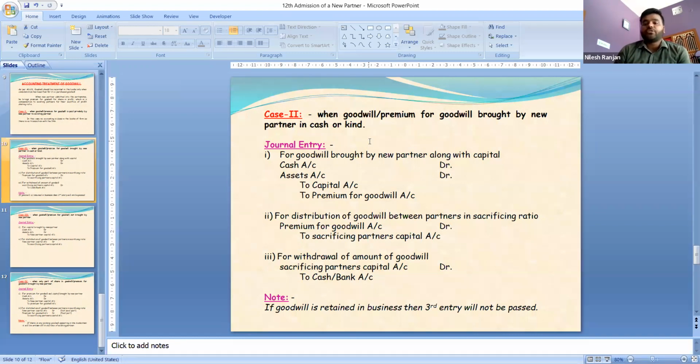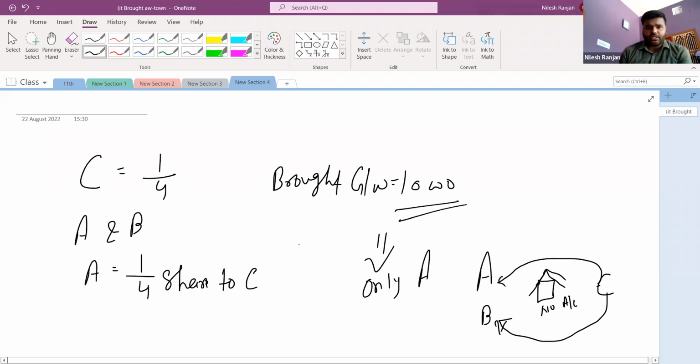Let's say we purchased furniture for cash. What will be the journal entry? Asset account, because furniture is an asset, right? Only asset account? No, it is not correct.